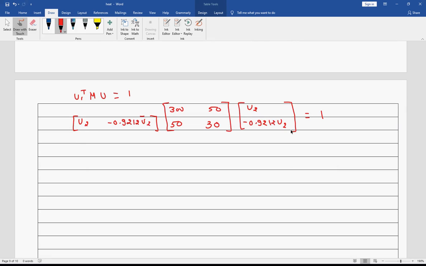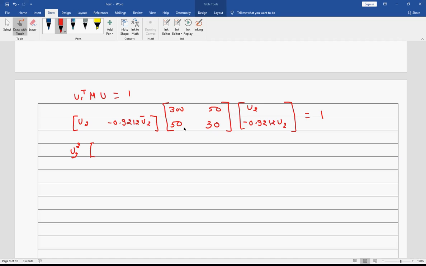So I can take U2 common, so that will be my U2 square. Okay, so this becomes 1. So 1 into 300 and this into 50. So that is what you have to get.